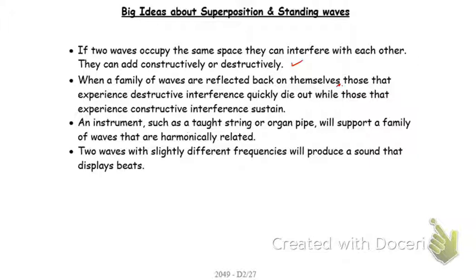When a family of waves are reflected back on themselves, those that experience destructive interference quickly die out, and those that experience constructive interference sustain. An instrument such as a taut string or an organ pipe will support a family of waves that are harmonically related, and two waves with slightly different frequencies will produce sound that displays beats.